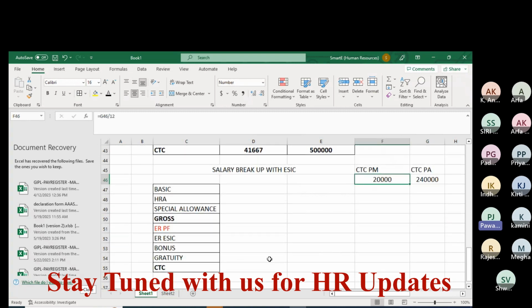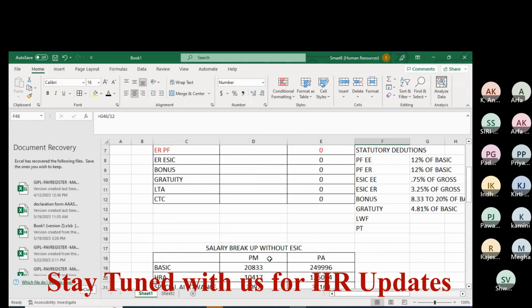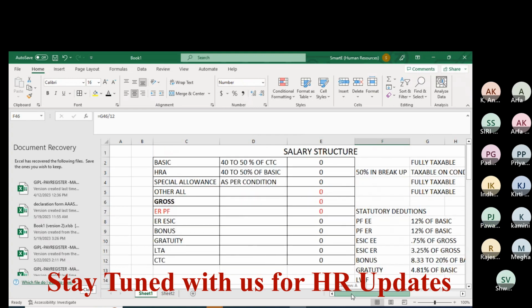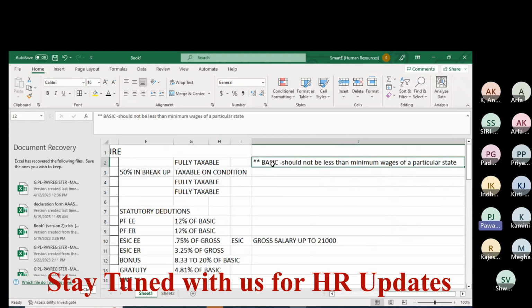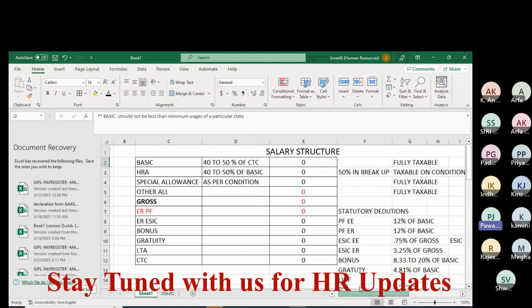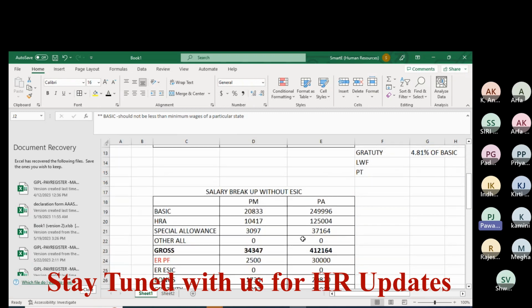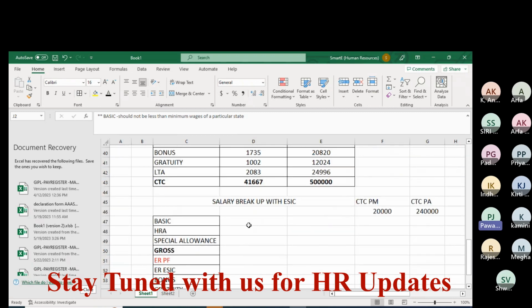So now, I told you a very important thing here. This point. While deciding the basic, please consider the minimum wage of that particular state as the basic. So now it is the time to consider that point. So we can't put 40%, 50%, 80%, 90% basic. Normally, we need to go through the state minimum wage.